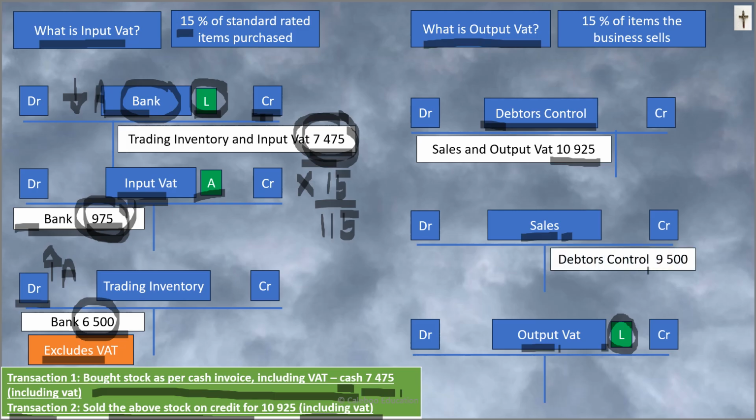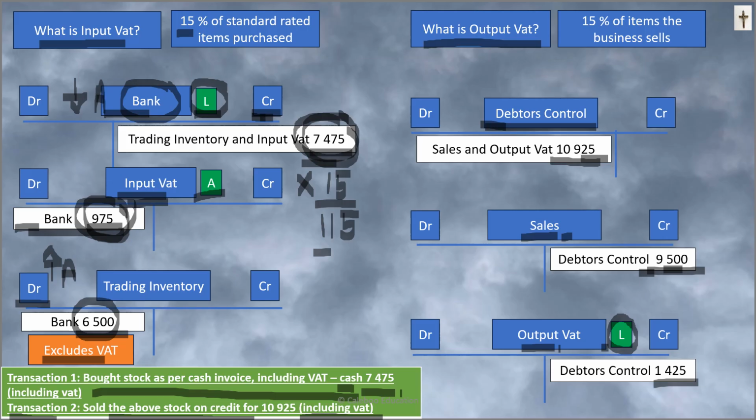Sales is the amount after the VAT has been taken off, and we multiply by 15 over 115 to get the VAT amount of 9,500. I'm going through this quite quickly, but don't stress. I'm going to have a whole section on these calculations. And output VAT, which is a liability, is credited with the VAT amount.